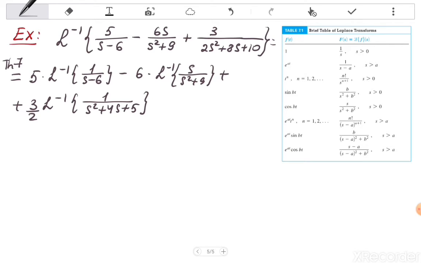And let's find separately each inverse Laplace transform.